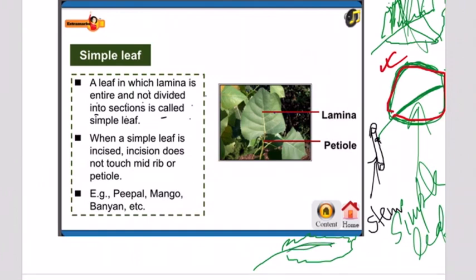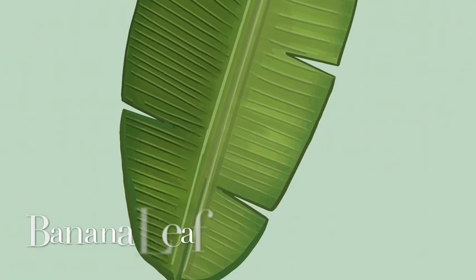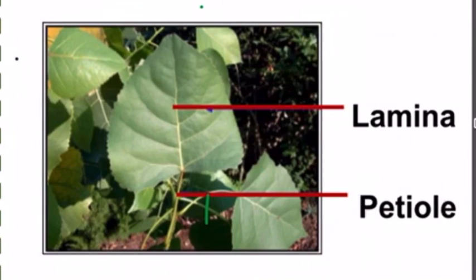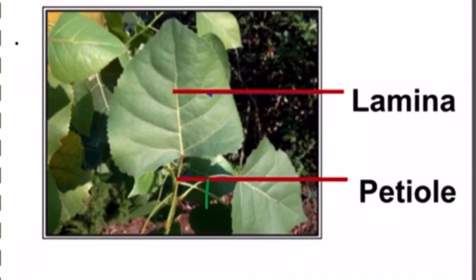Such types of leaves are, for example, peepal, mango, banana. Now if you observe this particular leaf, let me zoom in. You see that there are simple cuts here in the corner.